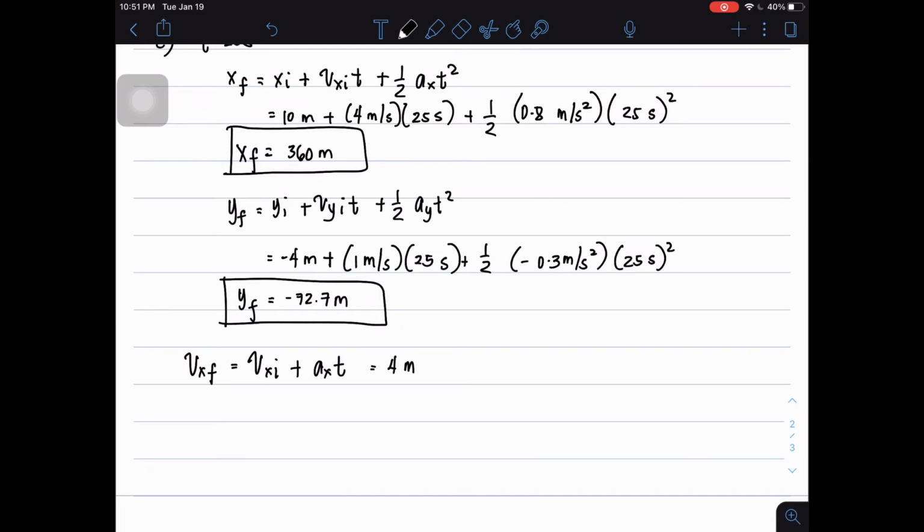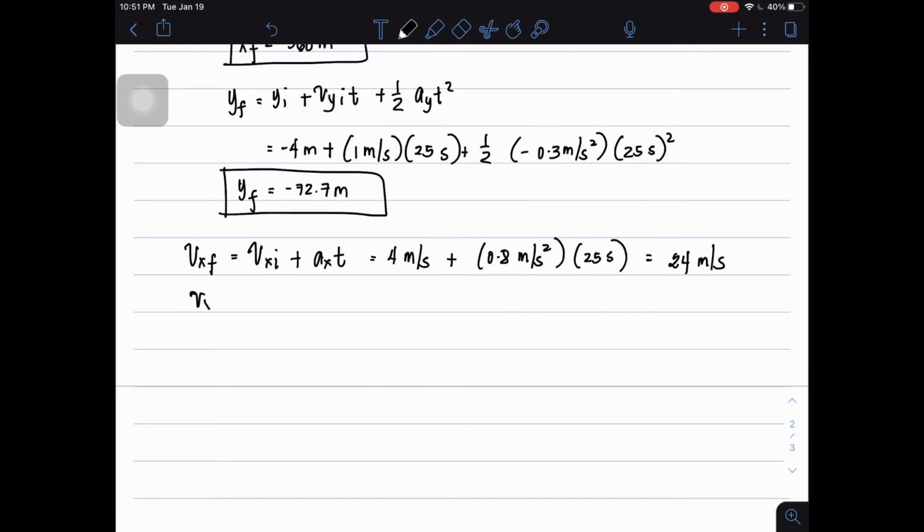For the final velocity, we're going to be using this formula and apply the given parameters, or whatever we have solved. So that's 25 seconds. Therefore, we have 24 meters per second for Vx sub f. For Vy sub f, same formula. Our formula would be Vyi plus Ayt. Apply the given parameters.